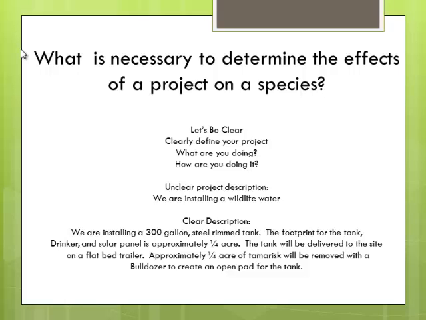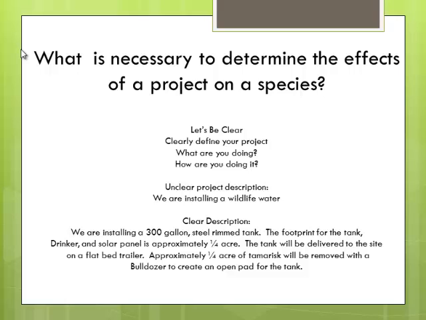I very often get project descriptions that will say, we're installing a wildlife water. And I have to call back and say, well, how large of a wildlife water? What does that mean? Do you have access? Do you need to remove trees? What do you need to do?